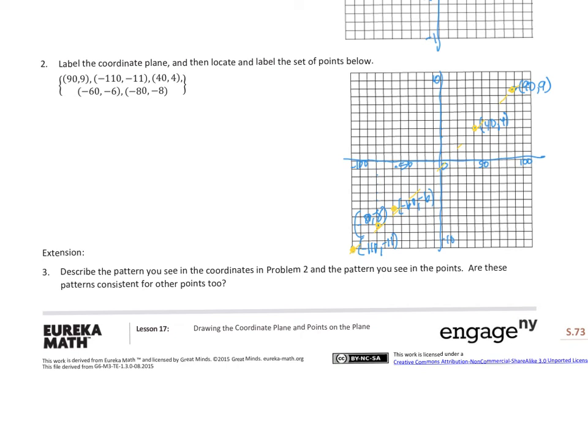For every x, that's 10 times what the y unit is. Like 9 times 10 is 90. 11 times 10 is 110, 4 times 10 is 40. So there is a pattern for sure. And then when I graph it, it does appear to be in a straight line. And the points are also, if I did that line carefully enough, I think that they would fall on that, which makes sense.